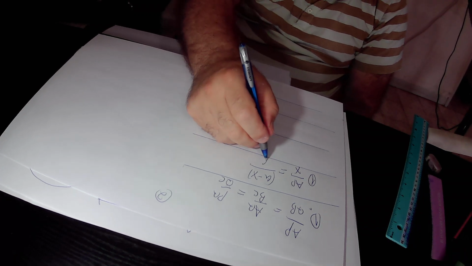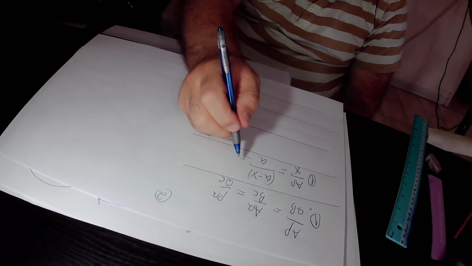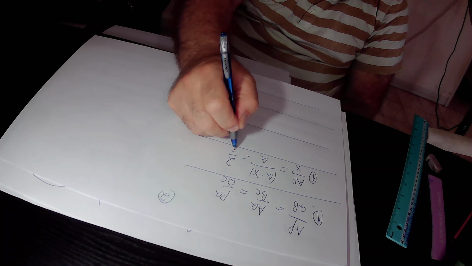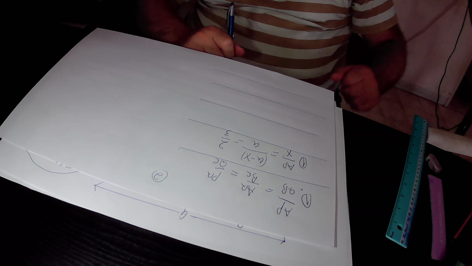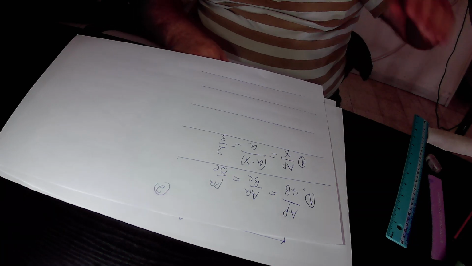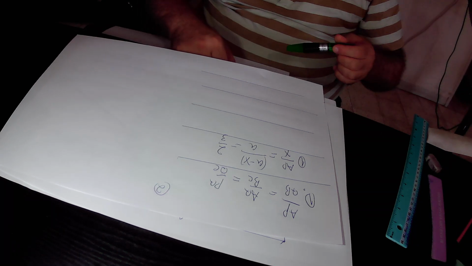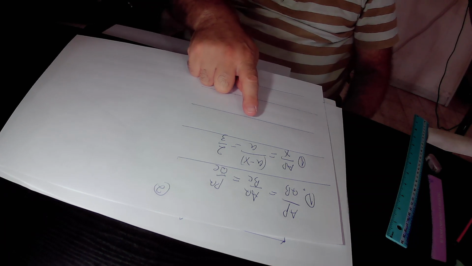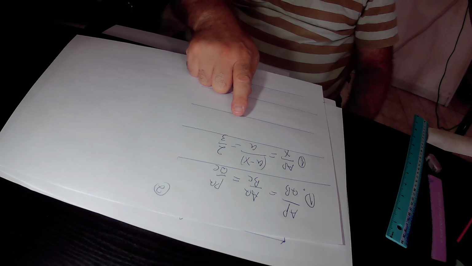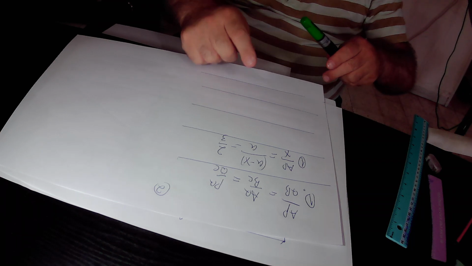BC is A, and it is also equal to PQ, that is 2, over QC, that is 3. So in total, we found that AP over X equals A minus X over A, and it is also equal to 2/3.